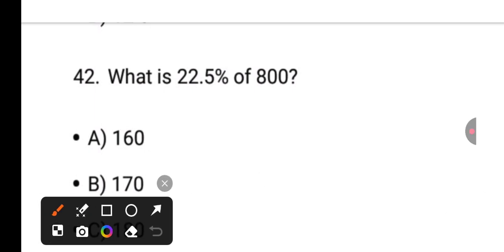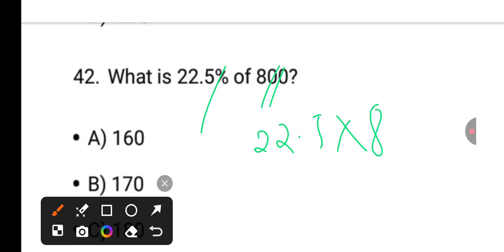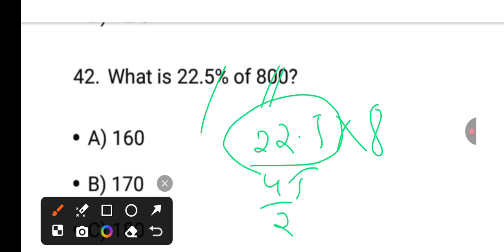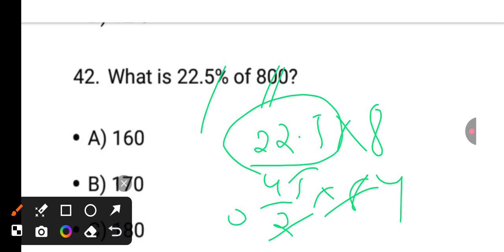Next, 0 percentage of 2 0 get cancelled. 22.5 into 8. I can write 22.5 as 45 by 2. 45 by 2 equals the same, 22.5 into 8. Now it becomes easy to calculate. It is 4 times, it is 180. 180 is the answer.